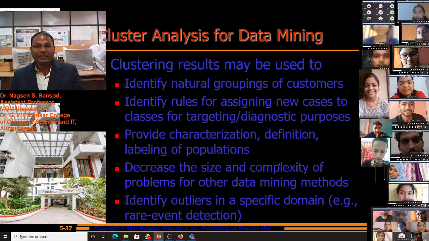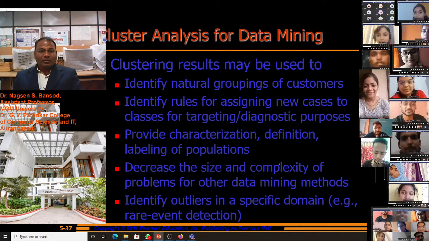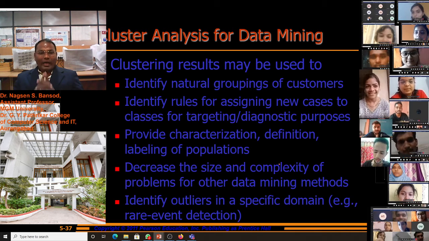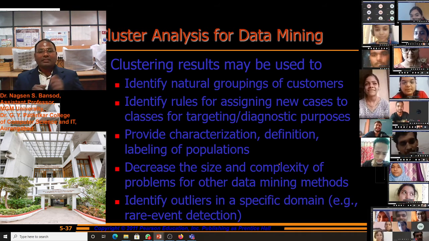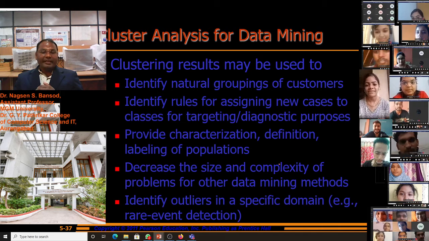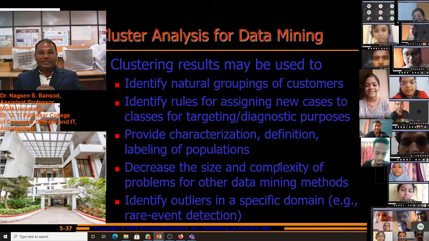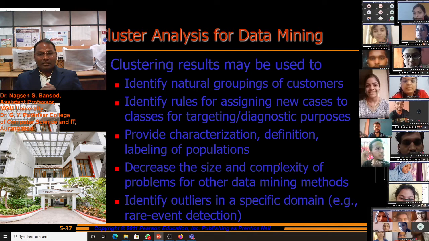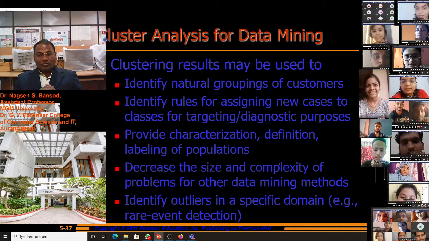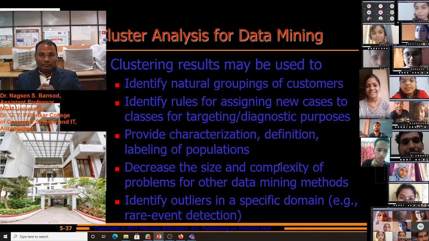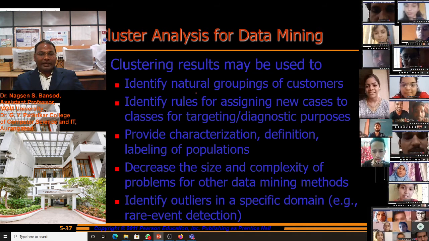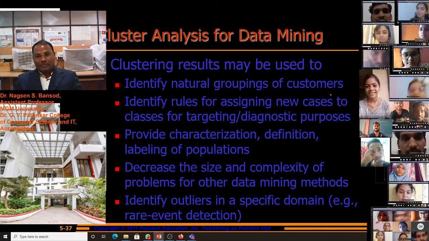The cluster analysis for data mining. Clustering results may be used to identify natural grouping of the customers, identify rules for assigning new cases to classes for targeting and diagnostic purposes. For clustering, we have to identify natural grouping of the customers.